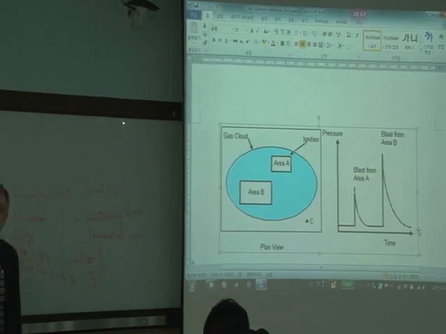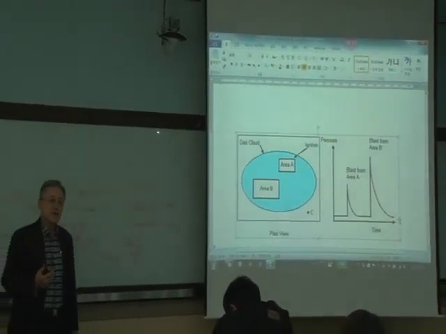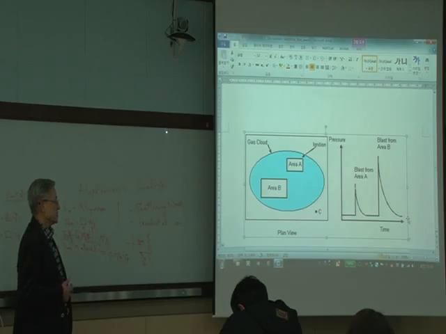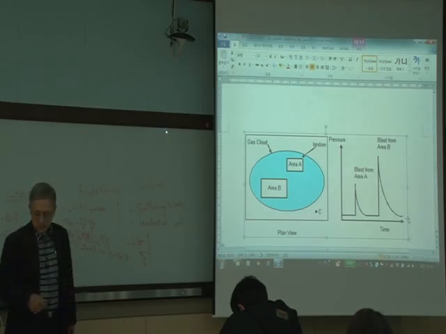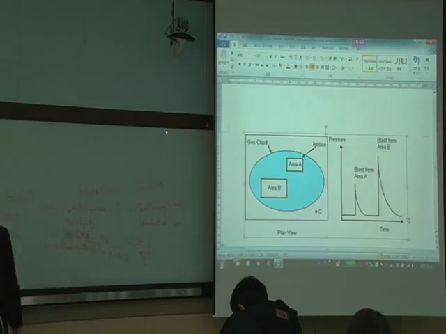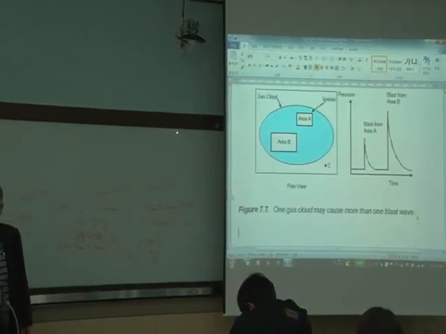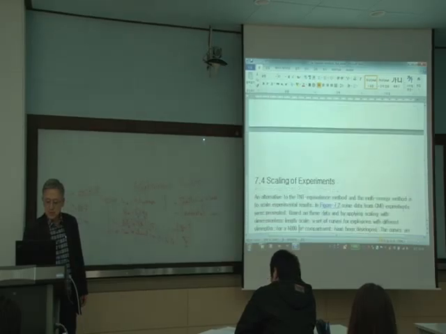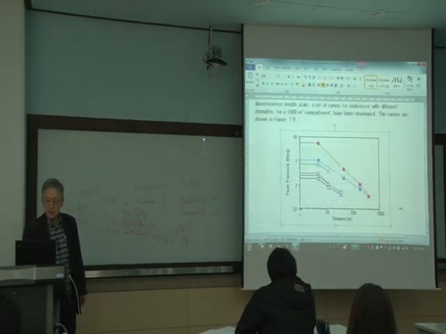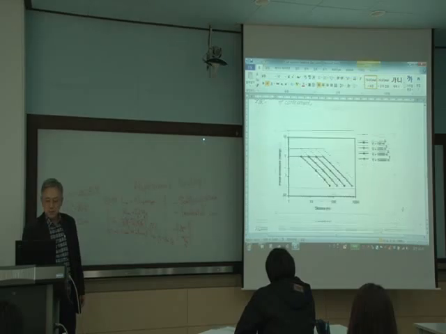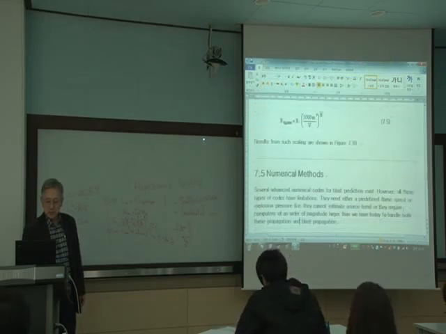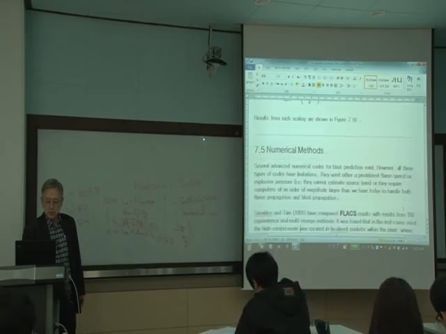In the detonation of a high explosive, it's not just simple like this, but for the gas explosion, this may be good enough. The scaled experiment is the same thing coming up, and not much worth talking about.